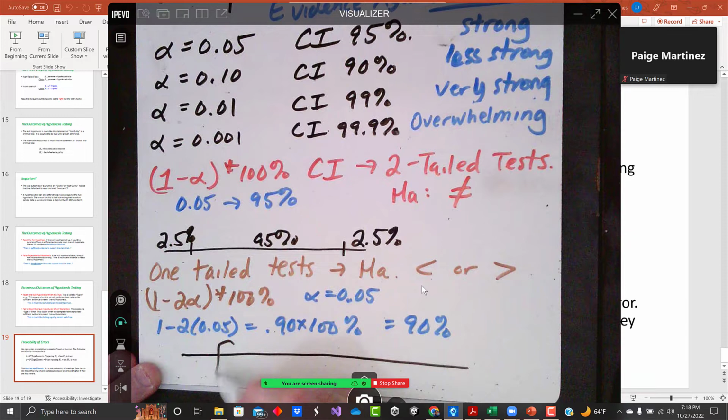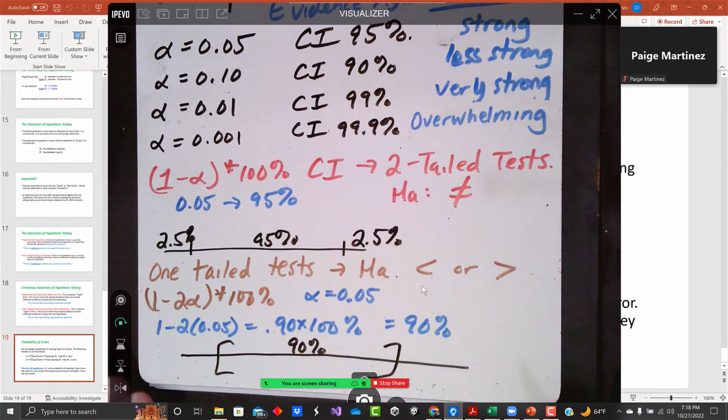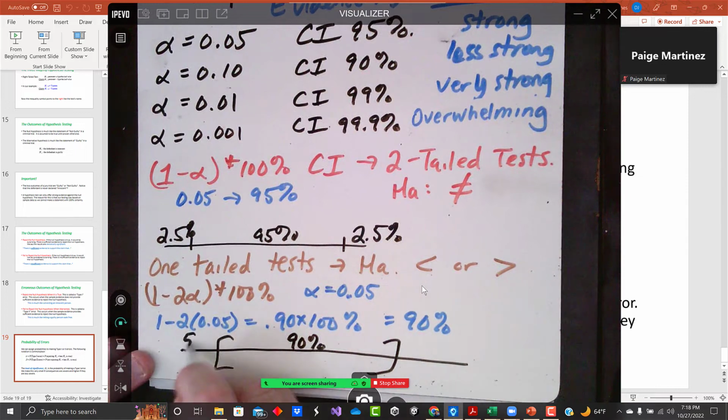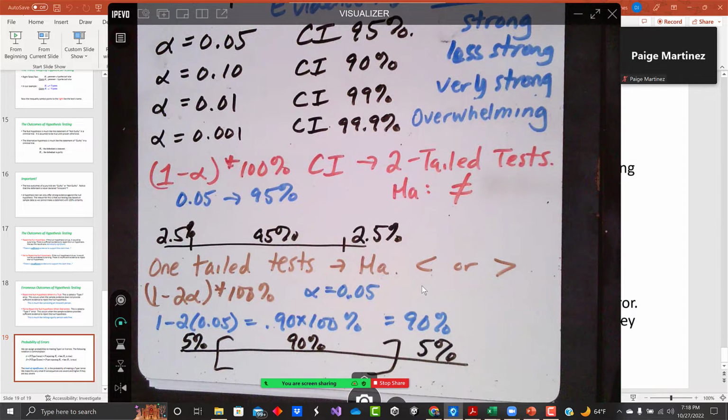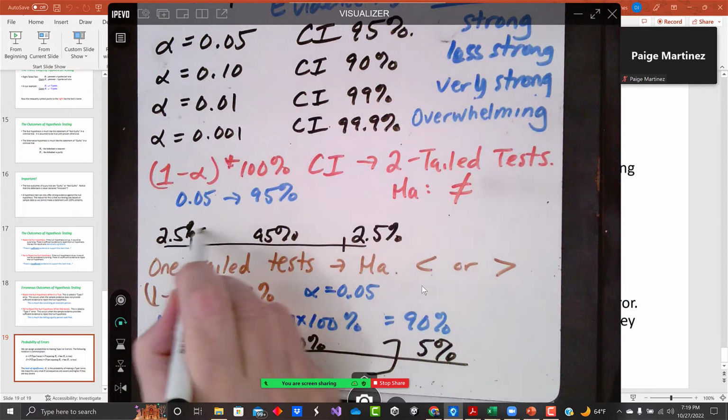This is our range of our confidence interval. 90% here, and then we have 5% on either side. Put brackets right there.